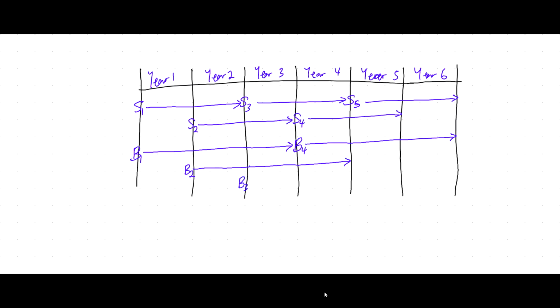Why? Because end of year 3, end of year 4, end of year 5, 3 years time, I'm getting something. Again, when you have your B6, you can see that it goes beyond 3 years, somewhere here. And therefore, how much should I invest in year 6 should not even be a decision to make. So B6 is not an option. So you can see that for bonds, we have B1, B2, B3, and B4.